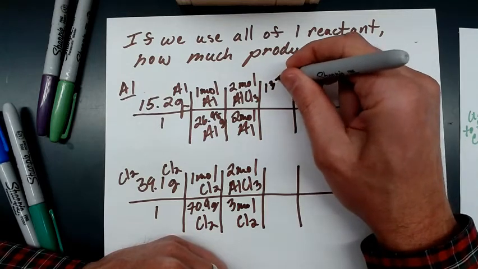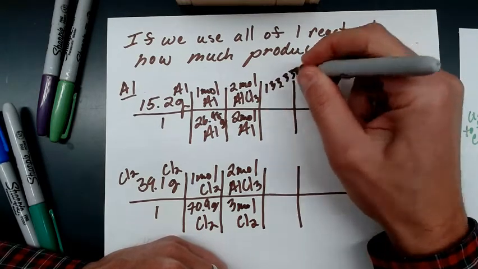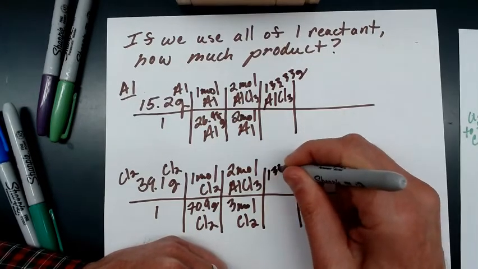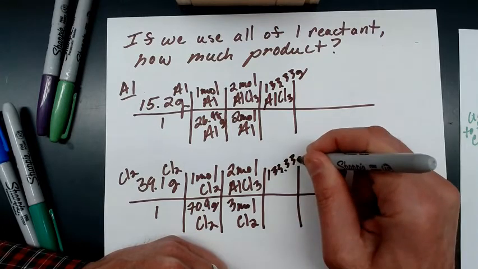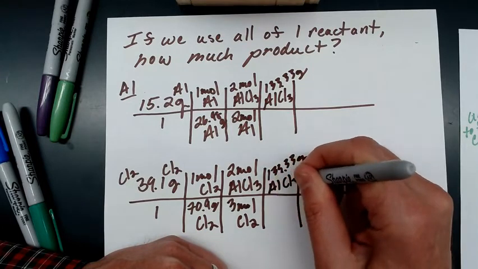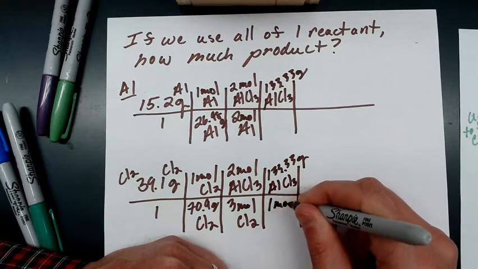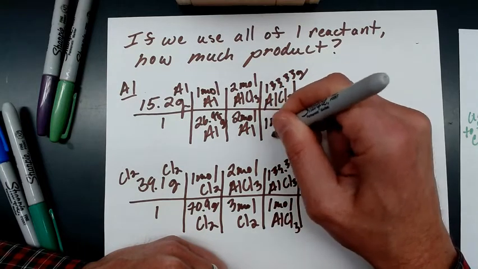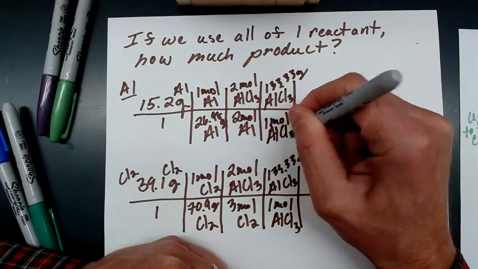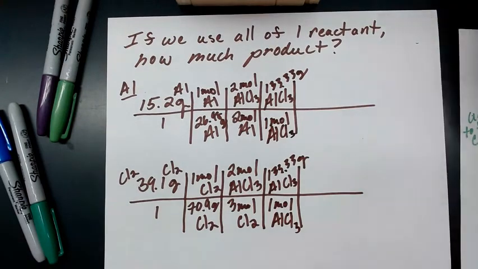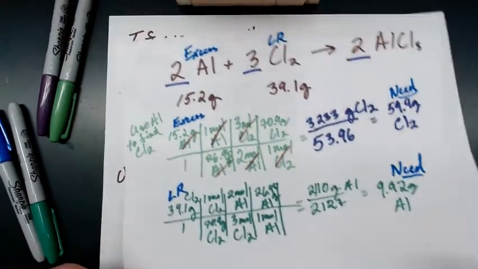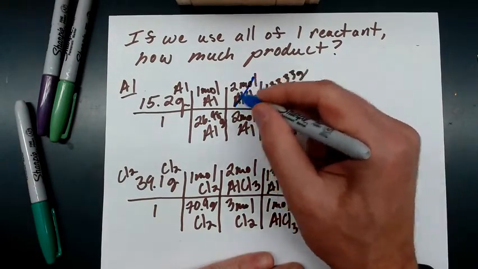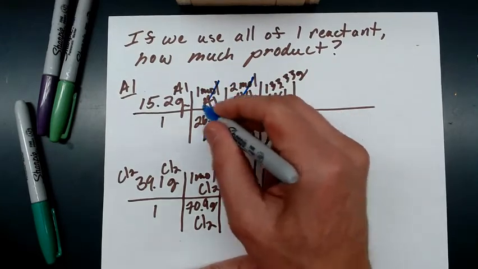So 133.33 grams of aluminum chloride and 133.33 grams of aluminum chloride, and this, of course, is 1 mole because it's the molar mass of aluminum chloride. Now, I didn't cross out the units on my last one, but they do work out. And the same thing here.